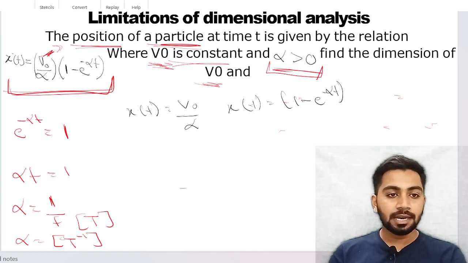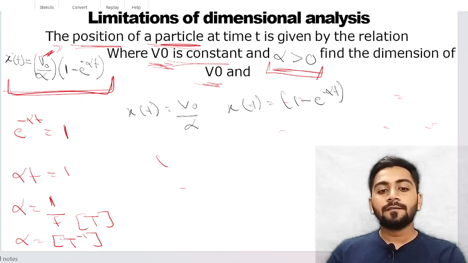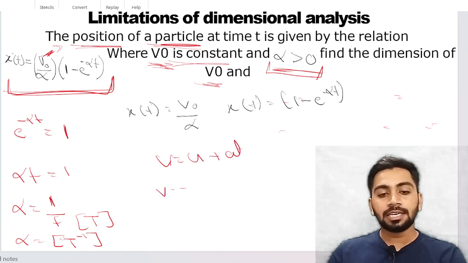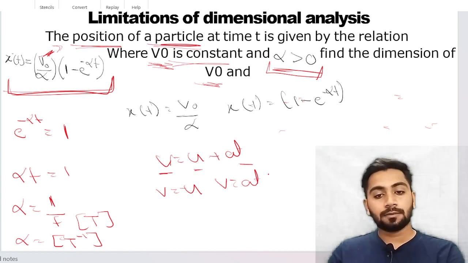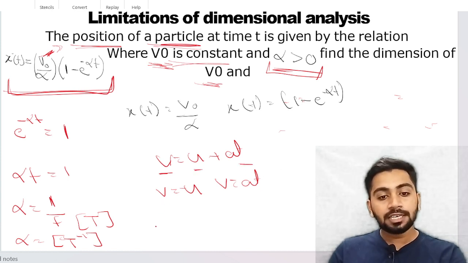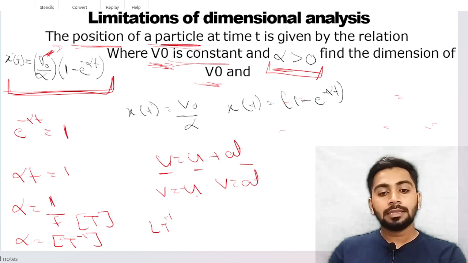Yesterday itself I said, one more time I will say, it is like V equals U plus AT. Which means your velocity dimension is equal to the dimension of u, and velocity dimension is equal to the dimension of at. So this dimension is equal to the individual terms. Velocity is equal to this, and u is also initial velocity, same.